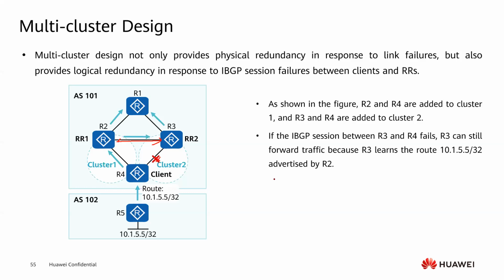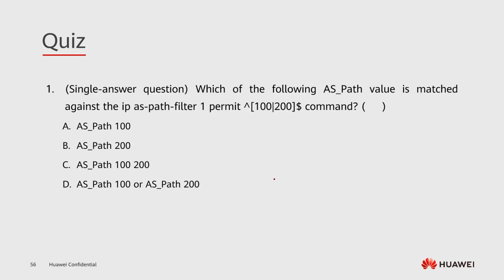So in a real network, consider the RR's level and consider the cluster. Cluster is very important for you to think about the reliability of the network. Okay, that's all for the advanced BGP features. And next, let's do some quiz.